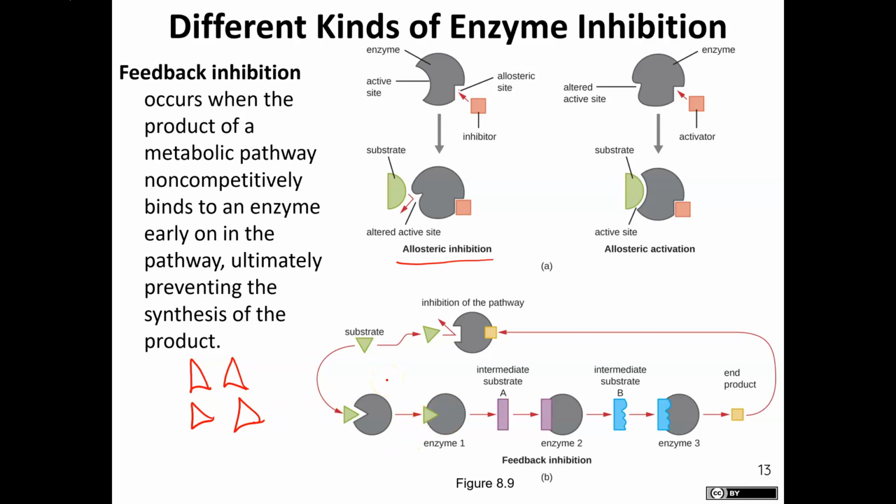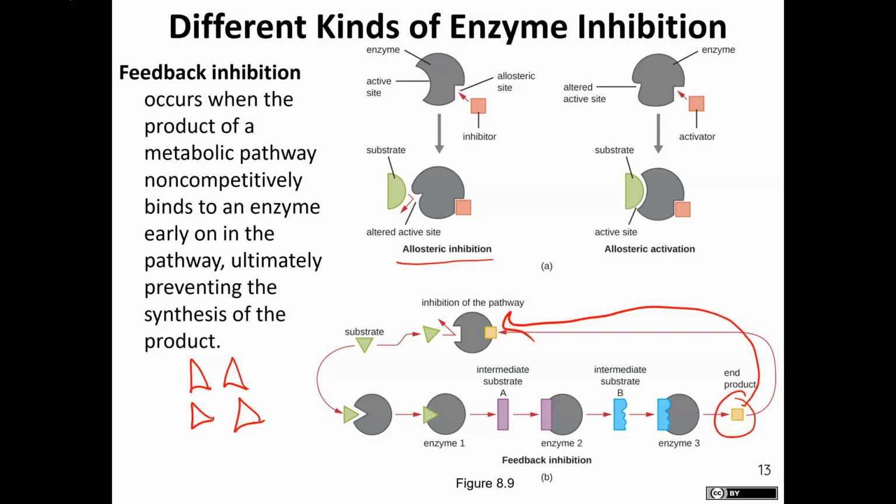In this case, it looks like it's just converting, right? And we do that by taking some of the end product and using it as an inhibitor. So we bind it to the allosteric region, and now the active site has changed shape, and we're not going to produce any more of that enzyme until we need that enzyme again.